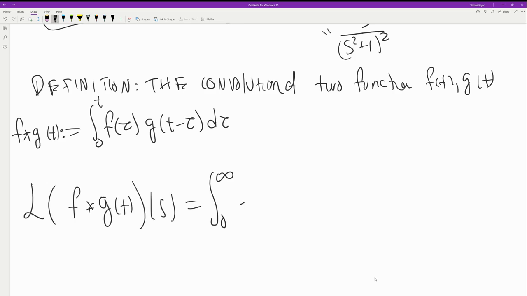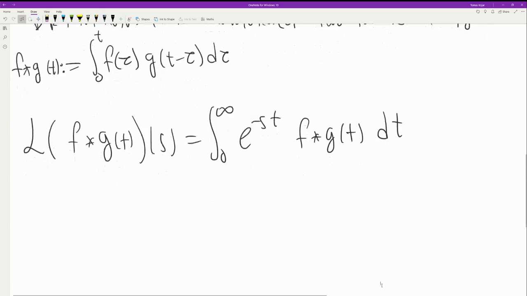So 0 to infinity, e to the minus st. We get the double integral.